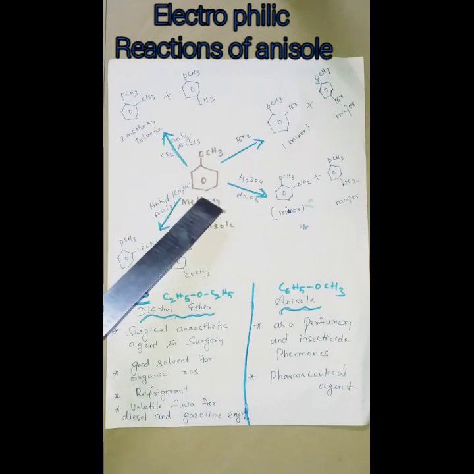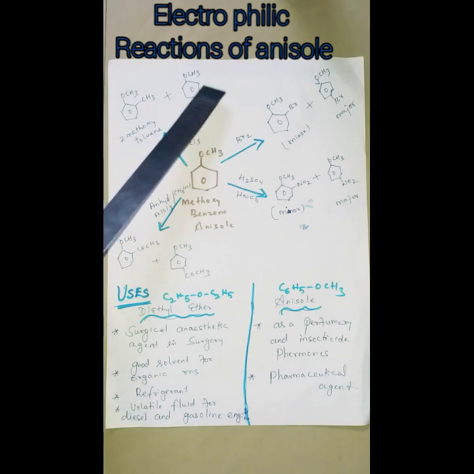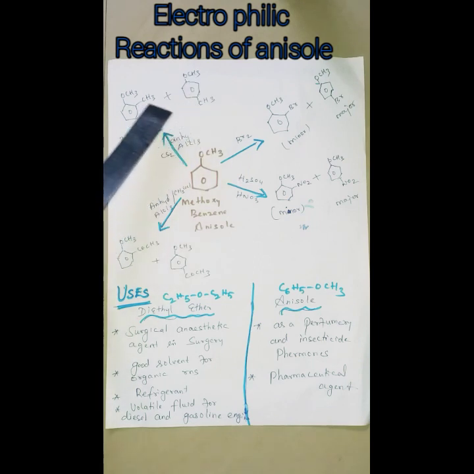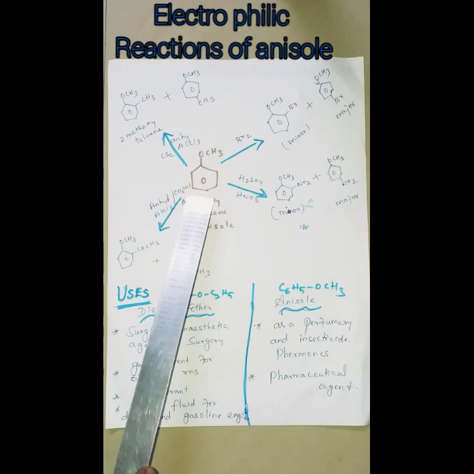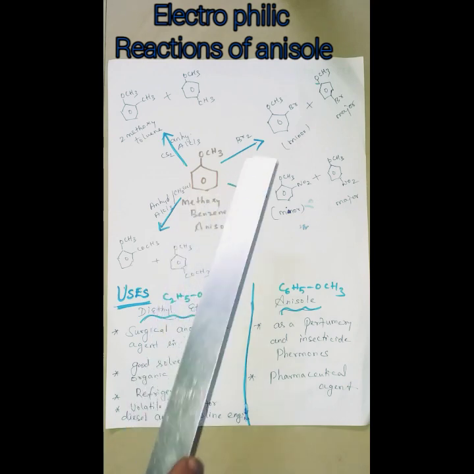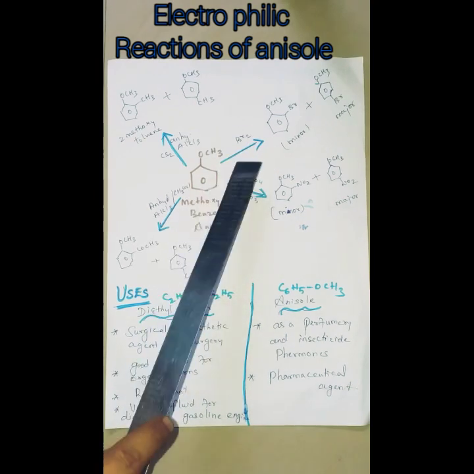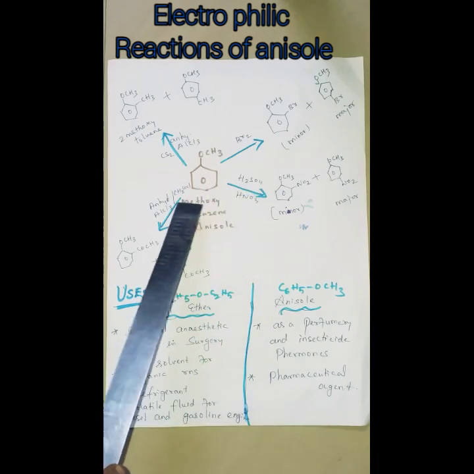So it forms 2-methoxytoluene as well as 4-methoxytoluene. The toluene structure we know: a benzene ring with a methyl group means it is toluene, and at the nearest, ortho position, a methoxy group makes it 2-methoxytoluene. So these are the 4 electrophilic substitution reactions of anisole, or how anisole reacts with bromine, nitrating mixture, acetyl chloride and methyl chloride.